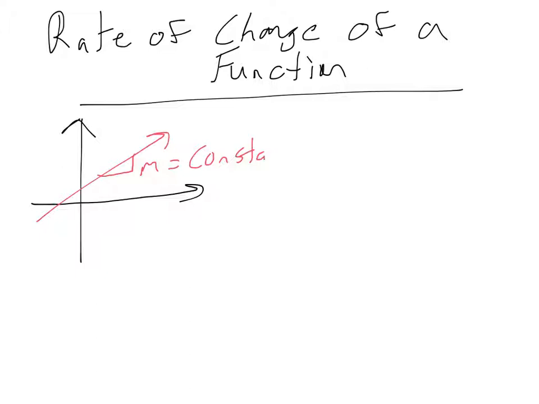So the rate of change of the function is constant, right? The amount that it's going up for the amount that goes out doesn't change as we go along the line in one of these guys right here. And so the rate of change itself is the slope, right?